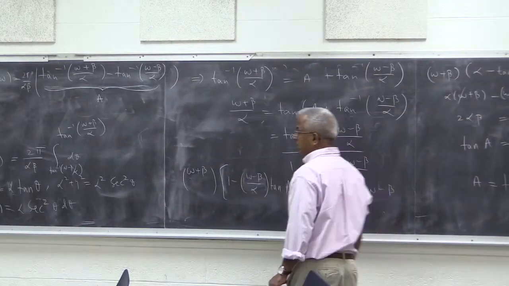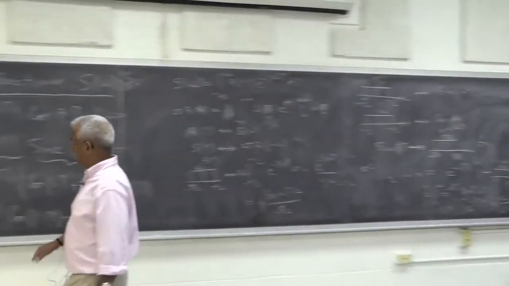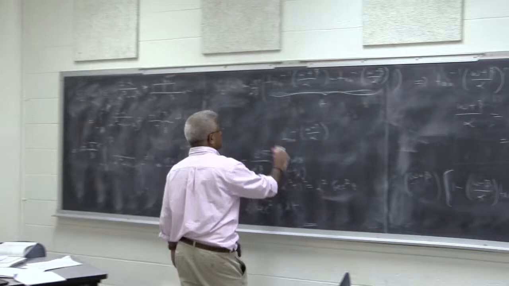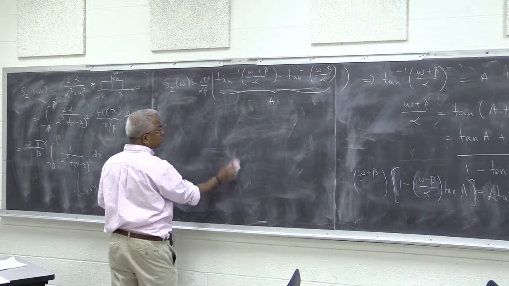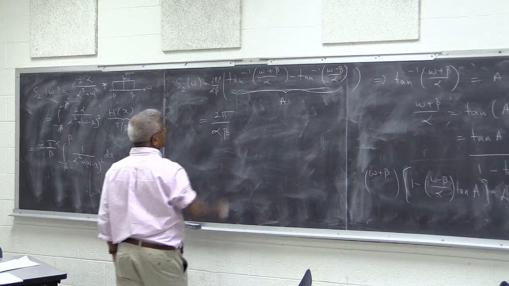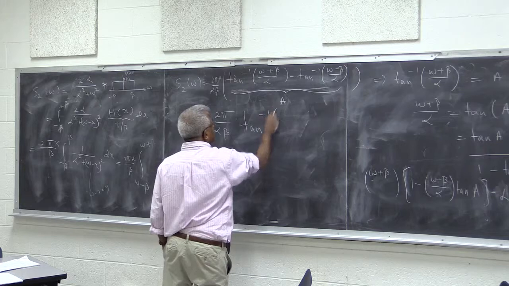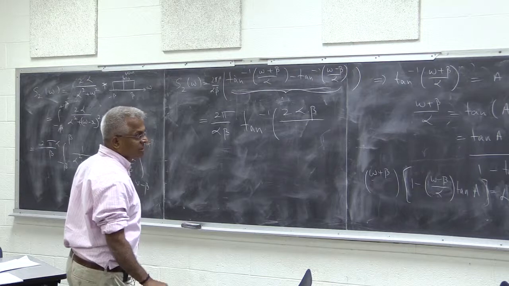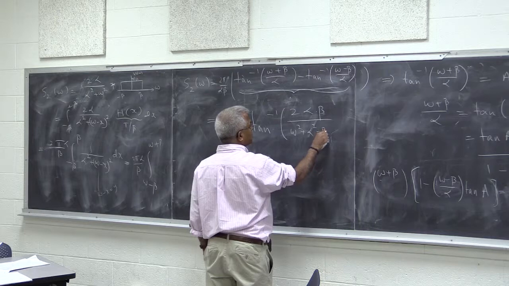So I can rewrite this whole spectrum as 2 pi over alpha beta times A. A is going to be tan inverse of 2 alpha beta over omega squared plus alpha squared minus beta squared.